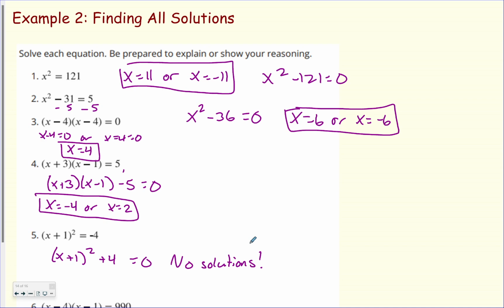And here's also a little bit of a trick that you can think about with this one. Notice that when you square something, this equation is saying that when you square it, you get a -4. Well, is there any number that you could multiply by itself to get a -4? Not really. So, no solutions here. This one definitely won't have solutions.